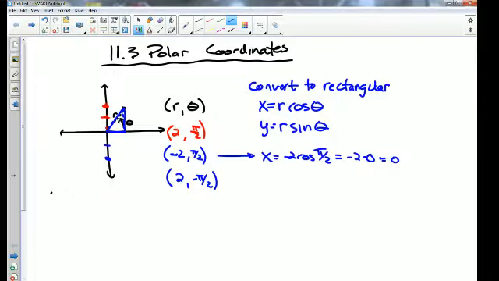It's the same location. What's the y going to be? -2 probably, right? Sine pi over 2 is 1, so we get -2, and our point is 0, -2. And we can verify that on the graph. Same location, just a different grid system.